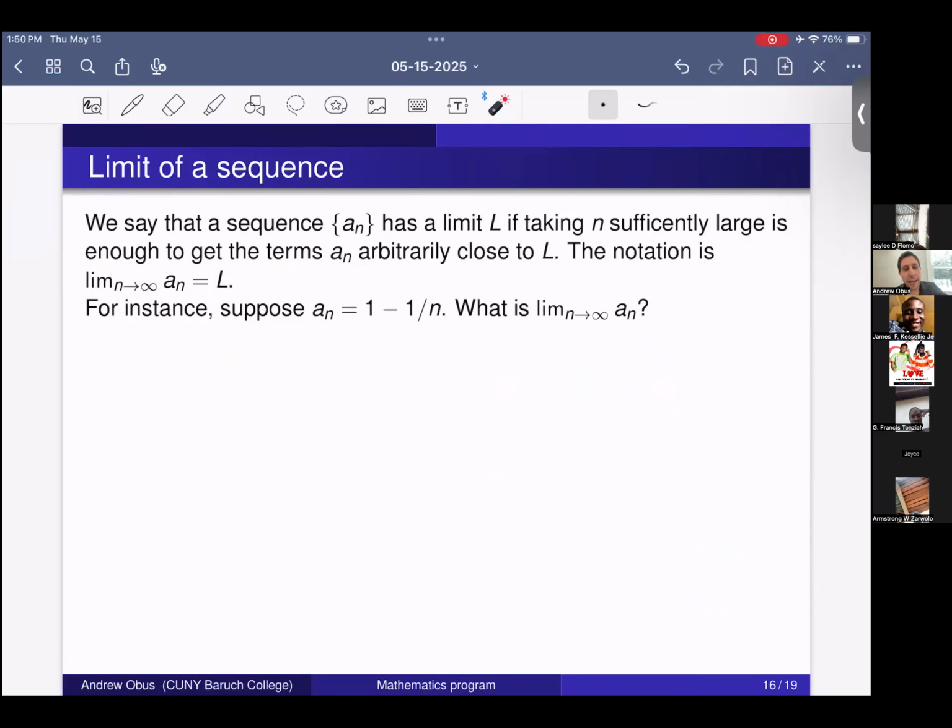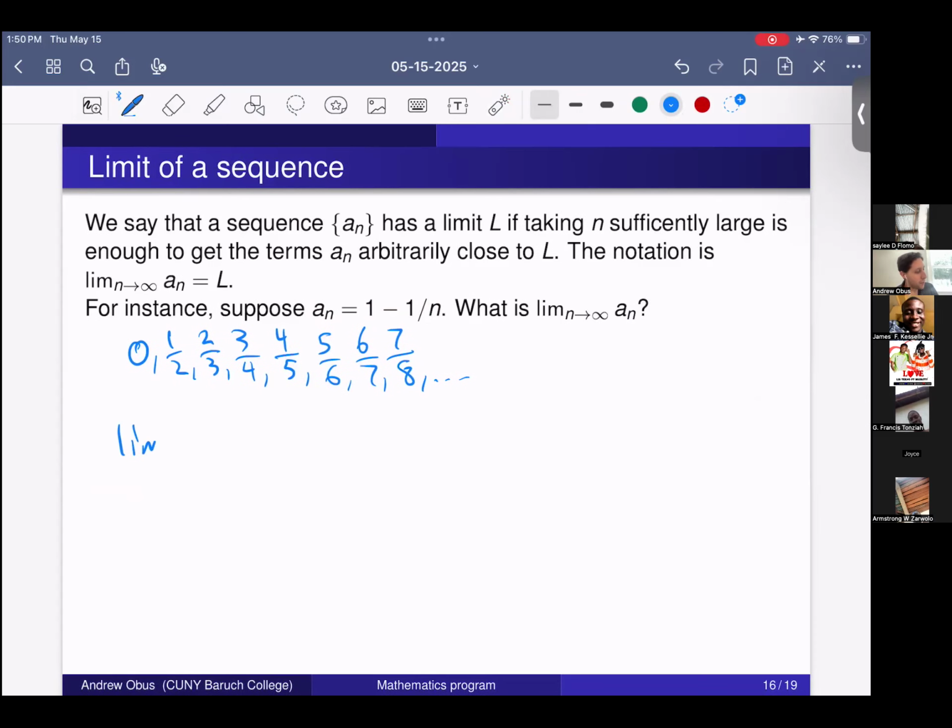So it's kind of like taking the limit of a function as n goes to infinity. So let's look at our original sequence, a_n equals 1 minus 1 over n. This was the sequence that we drew on the first page: 0, 1/2, 2/3, 3/4, 4/5, 5/6, 6/7, 7/8, and so on. And so the question is, what is the limit as n goes to infinity of a_n?